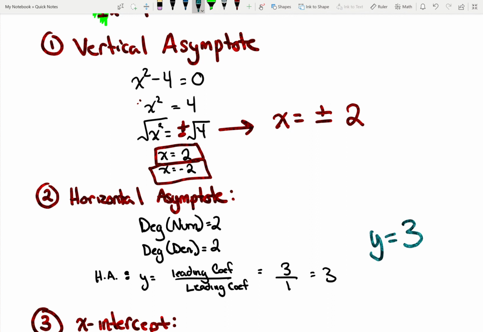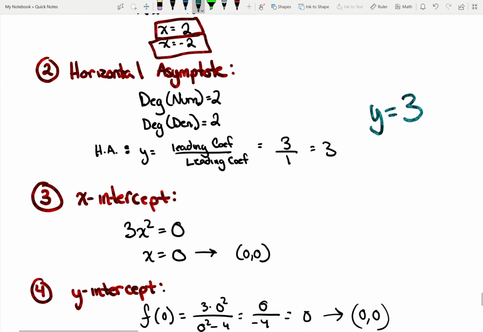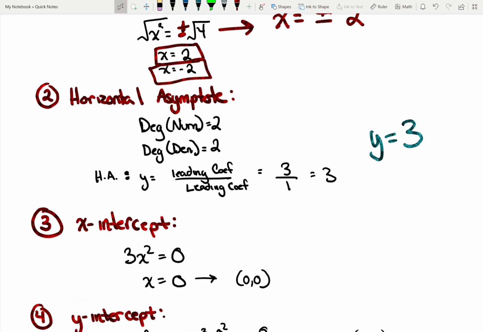All right, moving on. We're going to find our x-intercept. Our x-intercept can be found by setting the numerator equal to 0. So let me just break this down. I'm going to divide both sides by 3. So I have x squared equals 0.